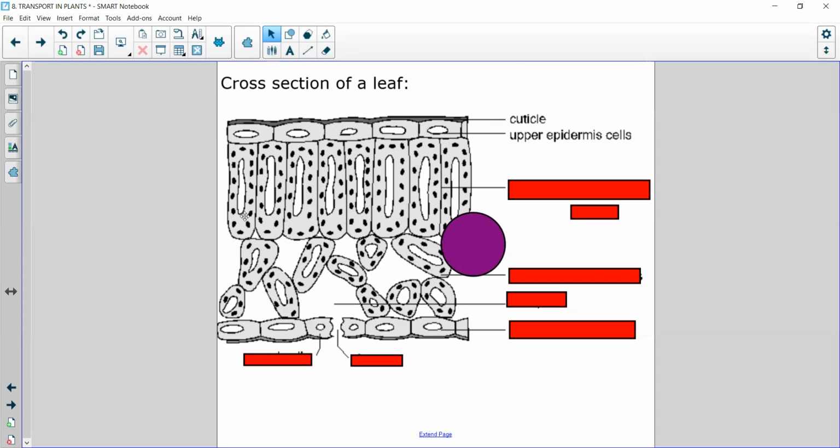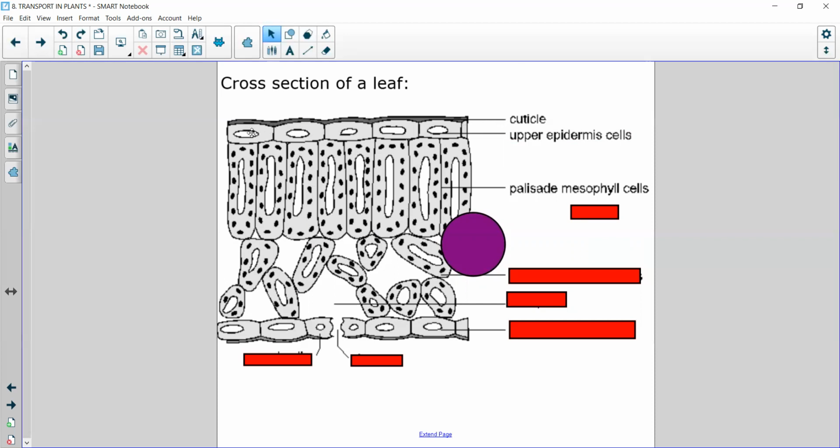Underneath that, we have our largest cells. These are called the palisade mesophyll cells. And the palisade mesophyll cells are where the vast majority of photosynthesis is taking place. Now in this diagram here, the clue that tells us that these cells do a lot of photosynthesis are these dots. And these dots are the chloroplasts.